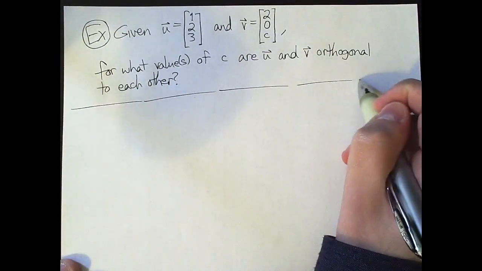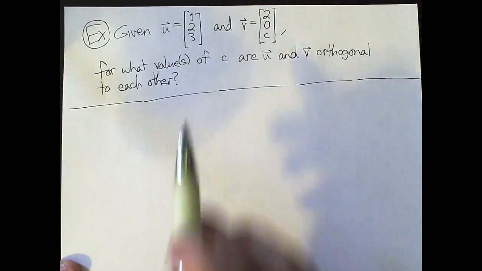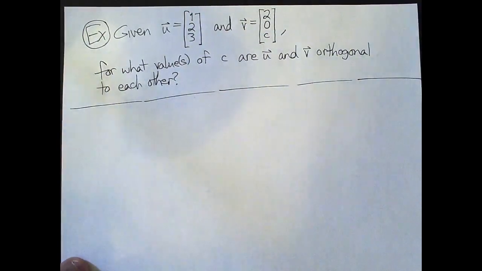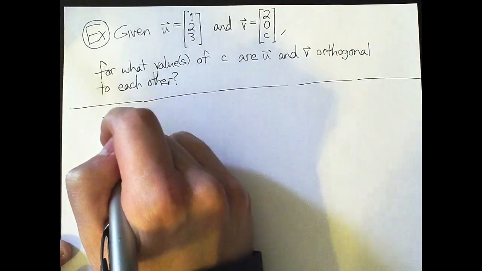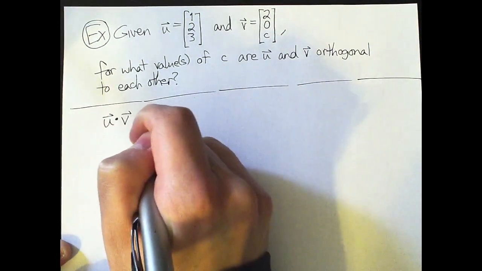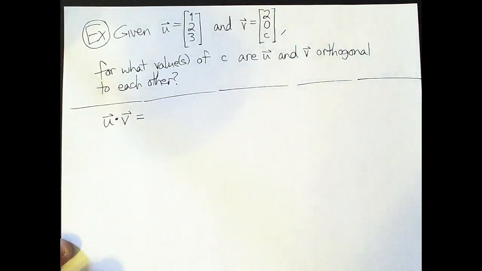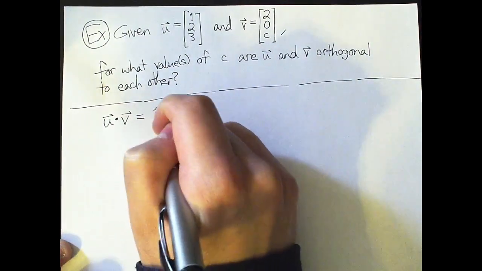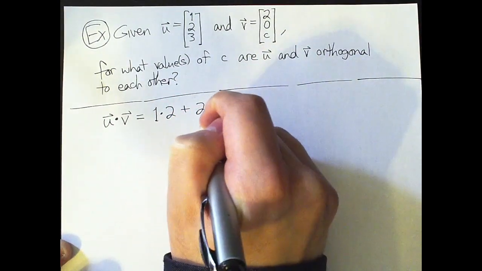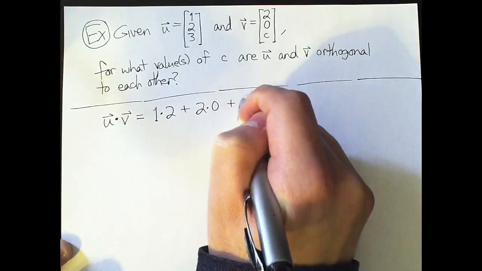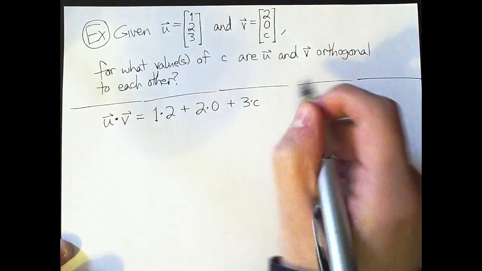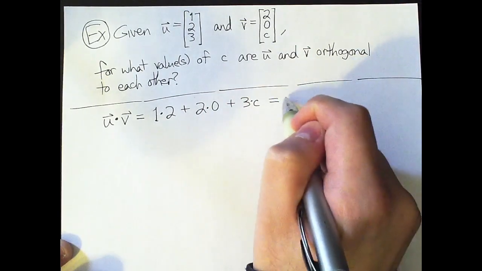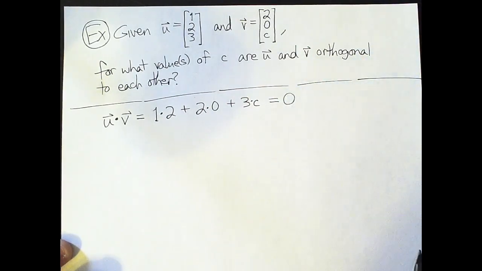So notice that in the question I said values with a possible s. So let's see what we get. Well, we want to check u dot v. We want to know when this is 0. So this is 1 times 2 plus 2 times 0 plus 3 times c. You can go ahead and just set this equal to 0 and solve for c, right?